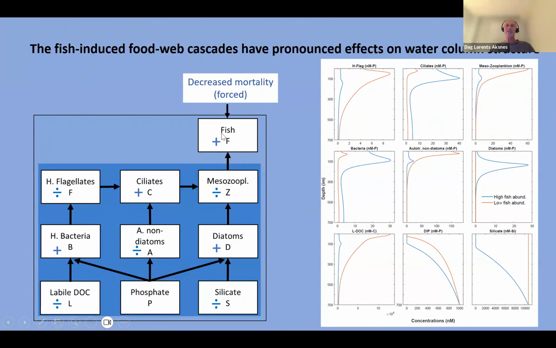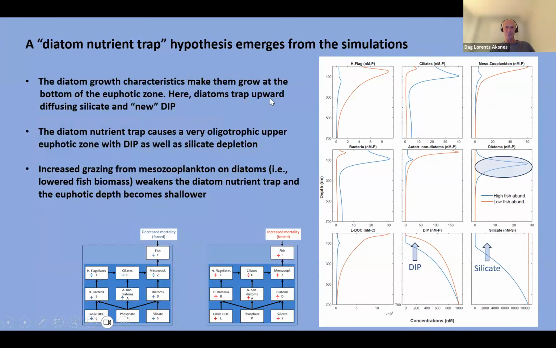So this is not surprising, this cascade. The surprising thing is the consequences for the depth distributions, and particularly for the euphotic zone. Let's have a closer look at this. And here is the diatom nutrient trap, which we propose as a hypothesis, which emerges from this simulation.